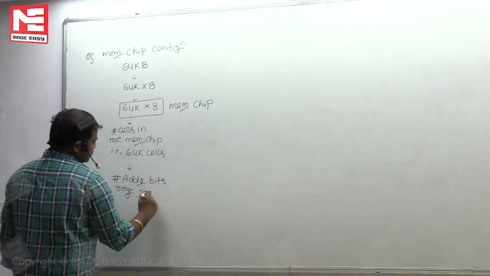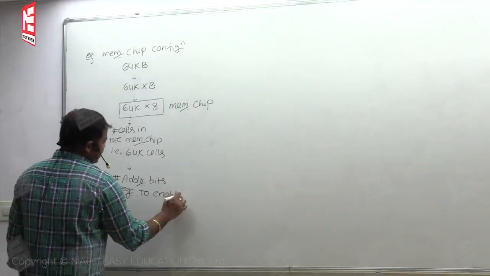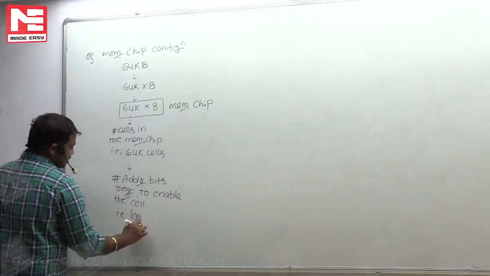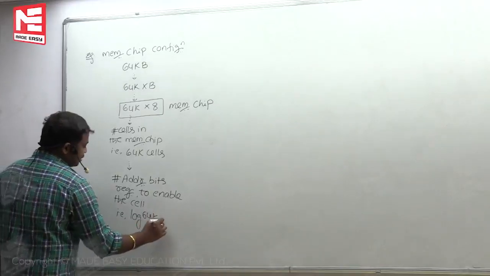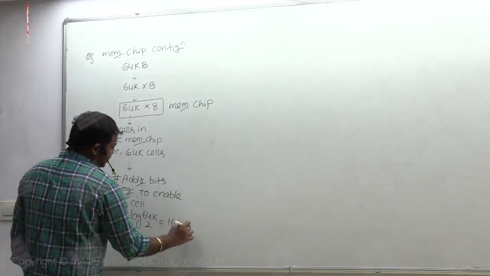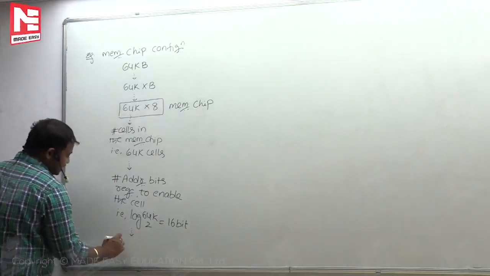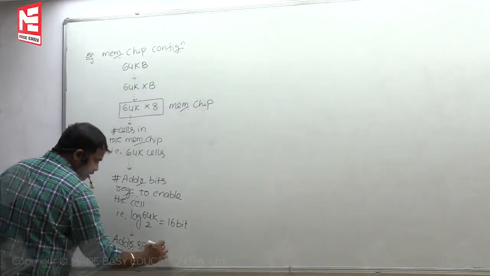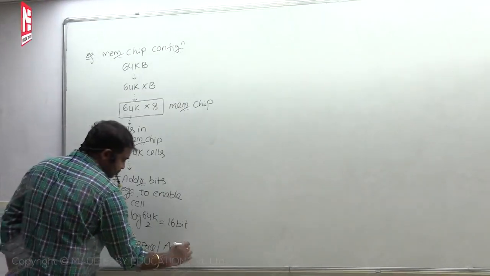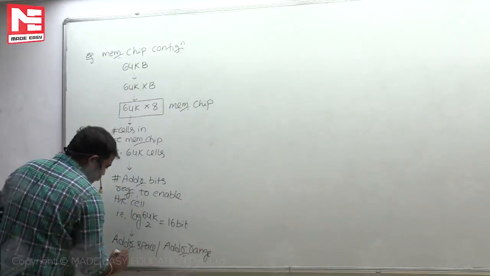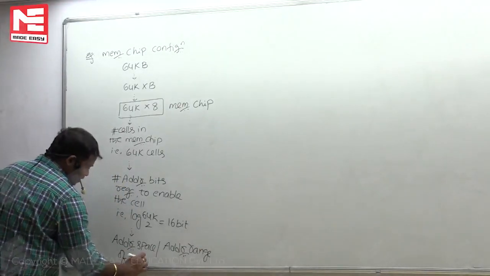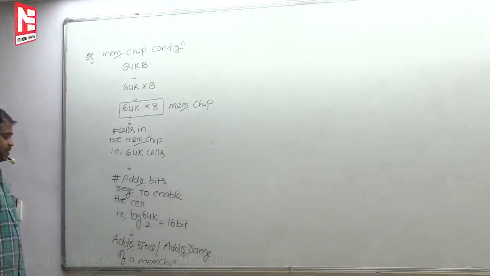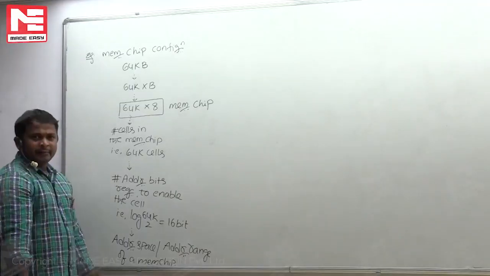Once we know the number of cells, we can determine the number of address bits required to enable the cell. That is log of number of cells base 2. Log of 64 kilo cells base 2 becomes a 16-bit address. Once we know the number of address bits, we can determine the address space or address range or memory map of a memory chip.